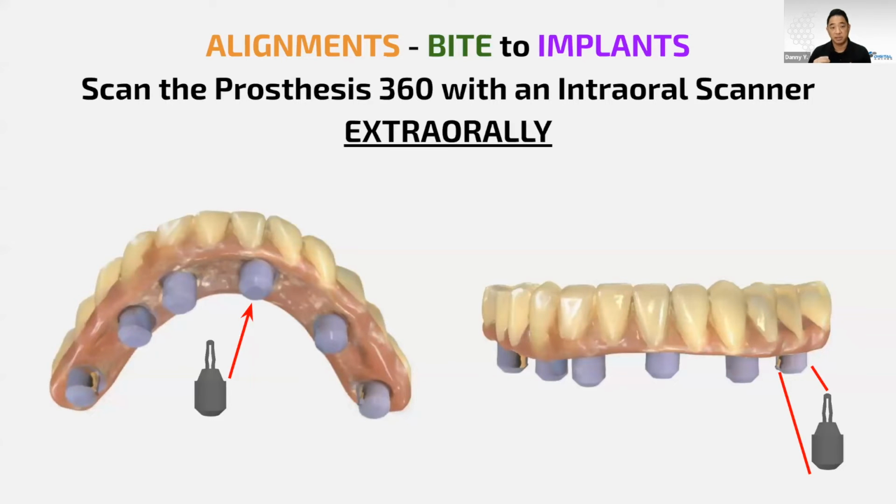But in this case, these analog scan caps are being used to help with alignments. So this scan is actually an alignment scan. It's basically you're capturing just the lower prosthesis with these analog scan caps. So ultimately, you're going to be aligning this into the bite scan.